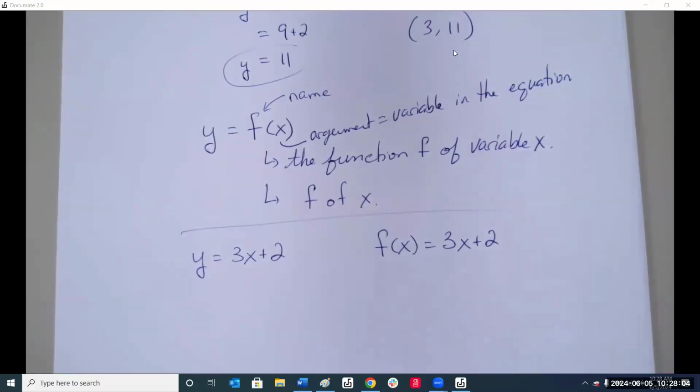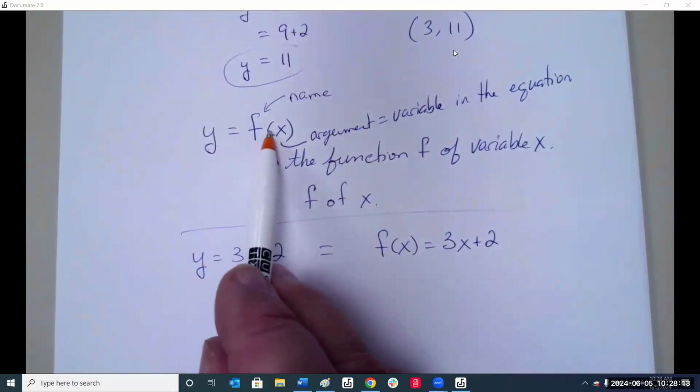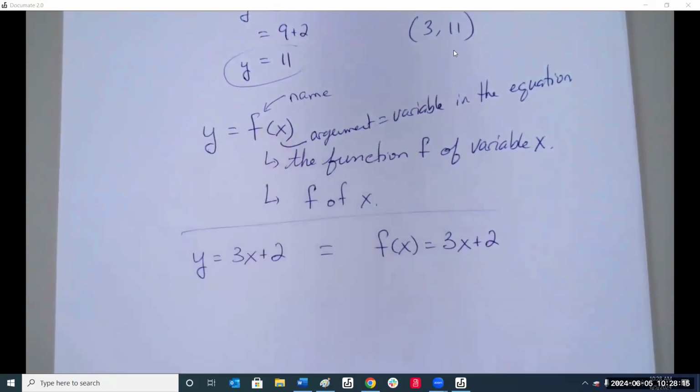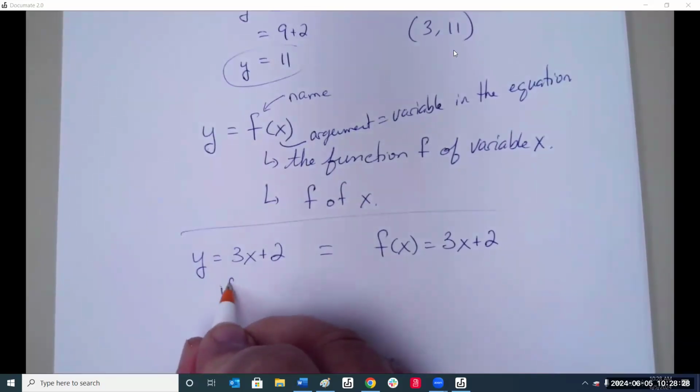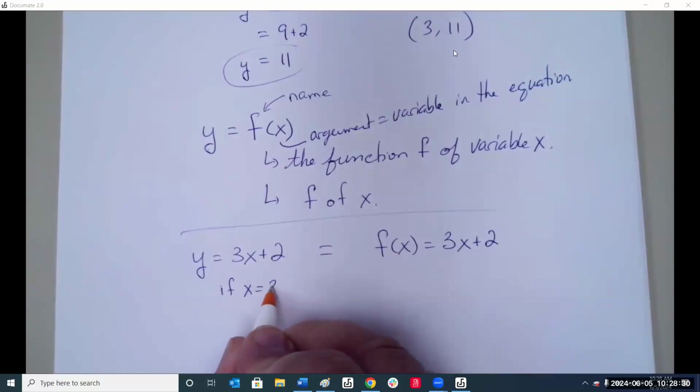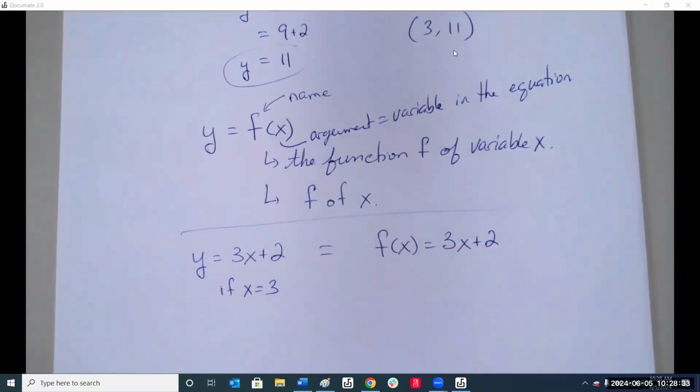These are the same thing, because y and f of x are interchangeable. But the way they're used is different. Remember, for this first one, I have to tell you if x equals 3, then you'd plug it in there.